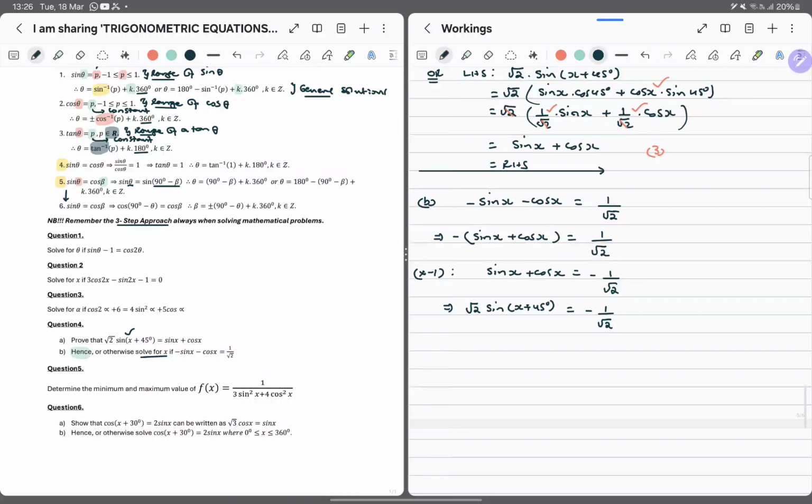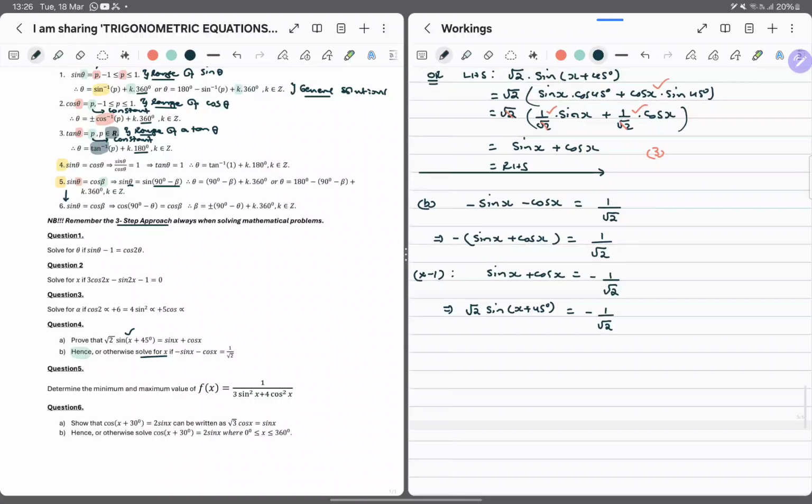Okay, guys, the first thing here, we're going to need to divide by square root 2 on both sides. So this means sine of x plus 45 degrees is going to be equal to, remember when you divide by this root is going to multiply in the denominator, so this is minus 1 over 2.